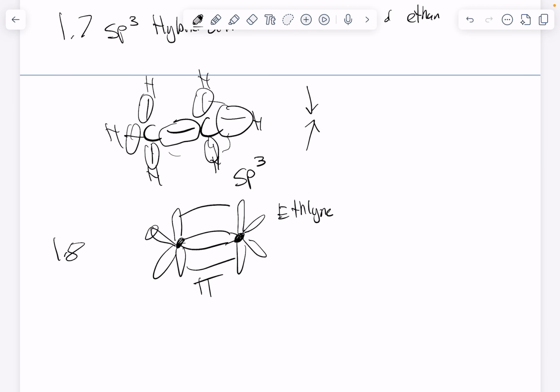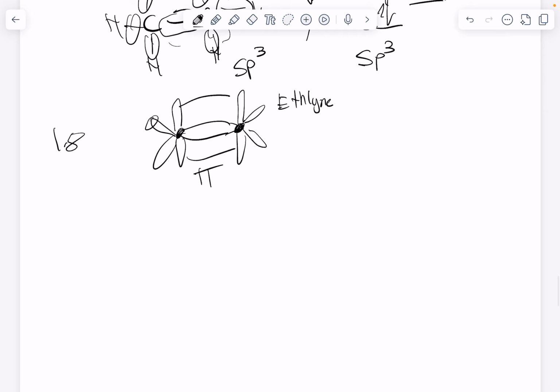If it has 3, it's sp2. If it has 2 bonds, it's sp. And all that's saying is that this carbon right here is bonded to 4 things. So that means its 2s and its 2p are all filled one way or the other. So this means it's just sp3 hybridized.